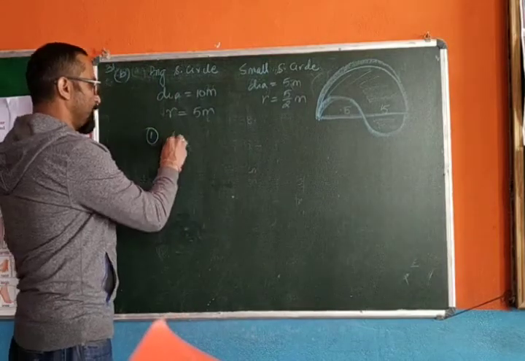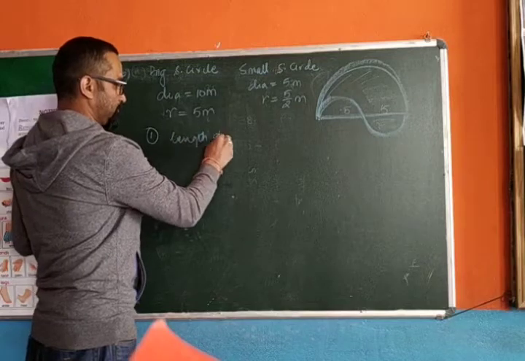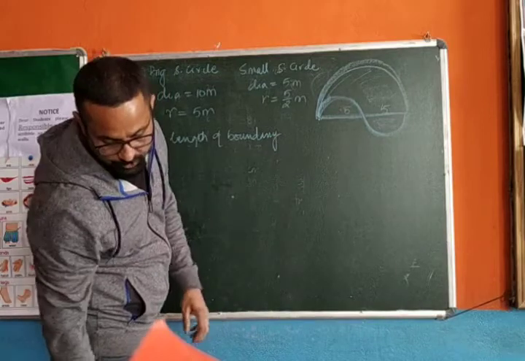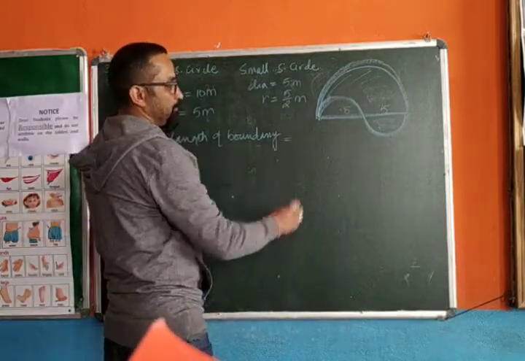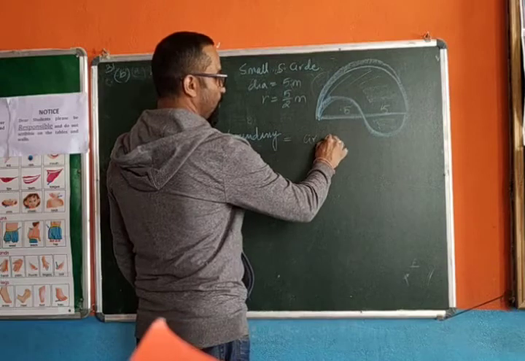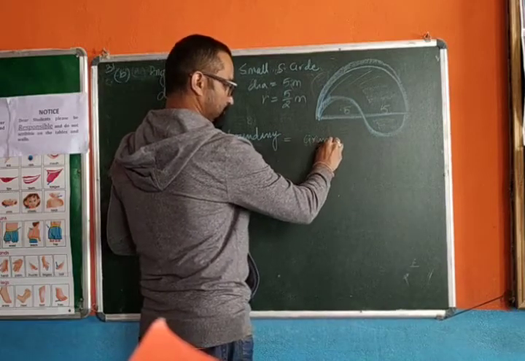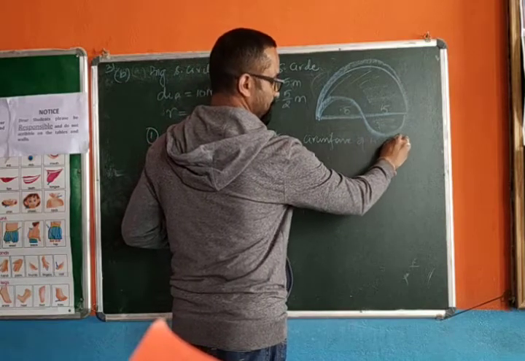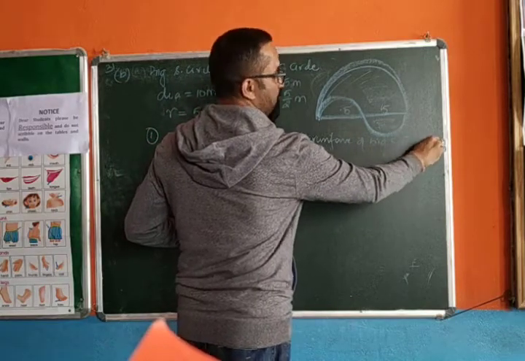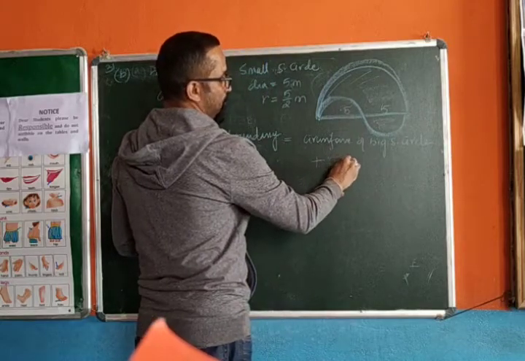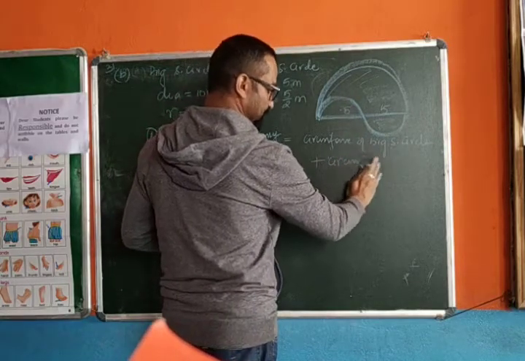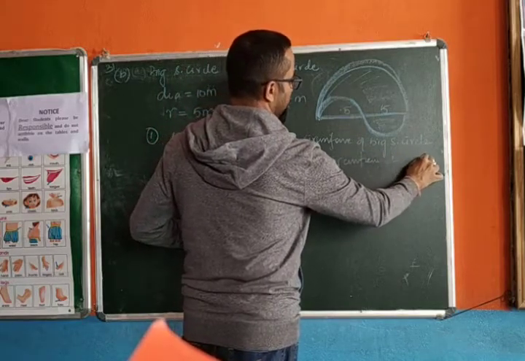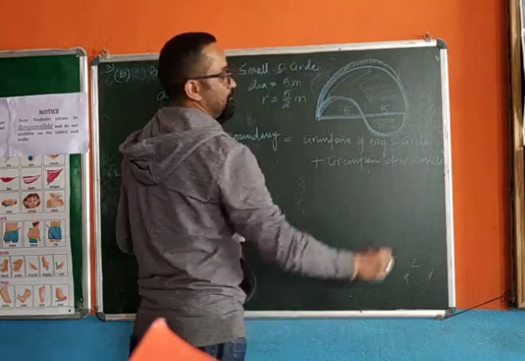So length of boundary equal to circumference of big semicircle plus circumference of two small semicircles because they are equal.